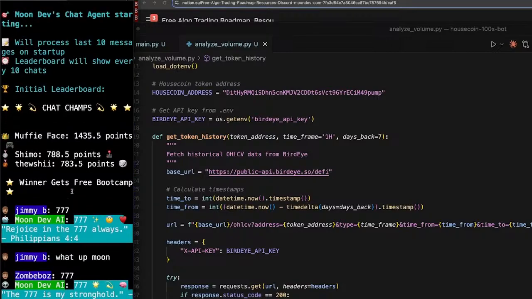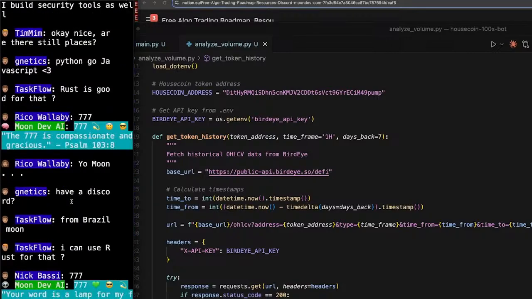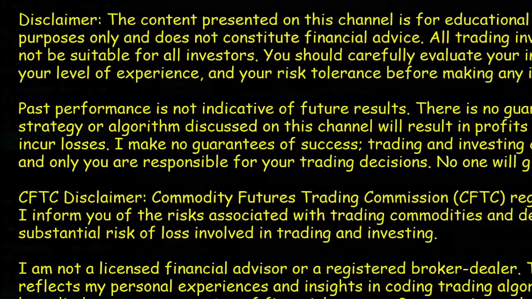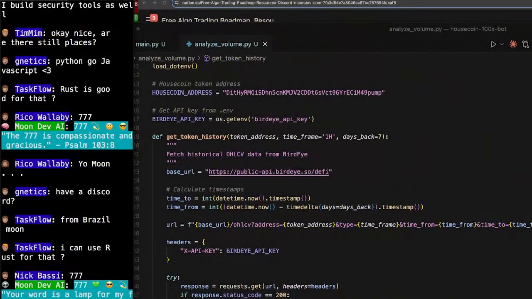Rejoice in the 777 always. And start with 1K is good. I can't tell you how much to start with, I'm not a financial advisor. I don't know how far 1,000 goes in Brazil, but that sounds like a lot in Brazil. I don't know though.